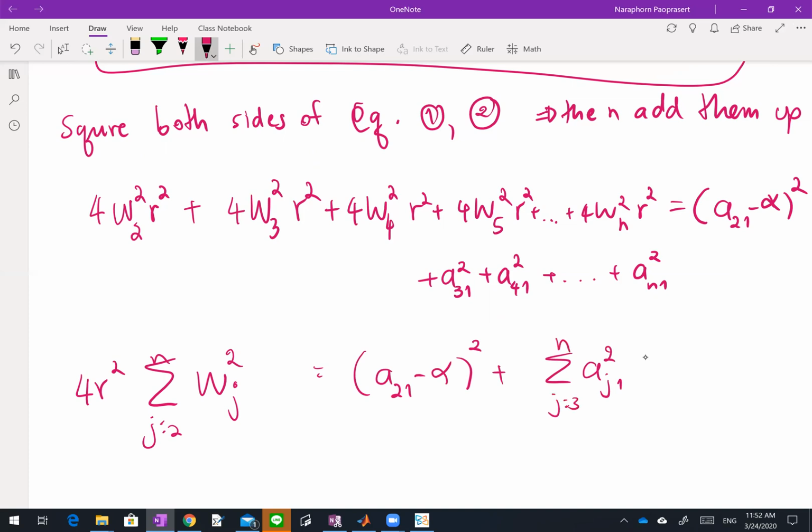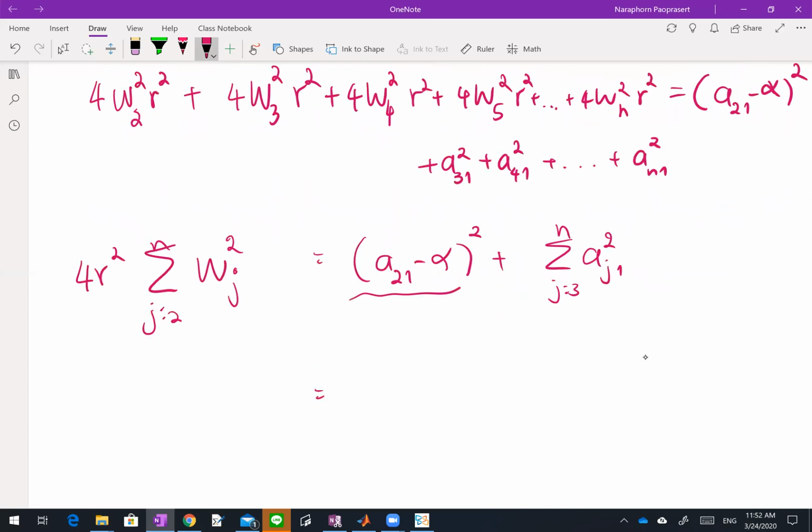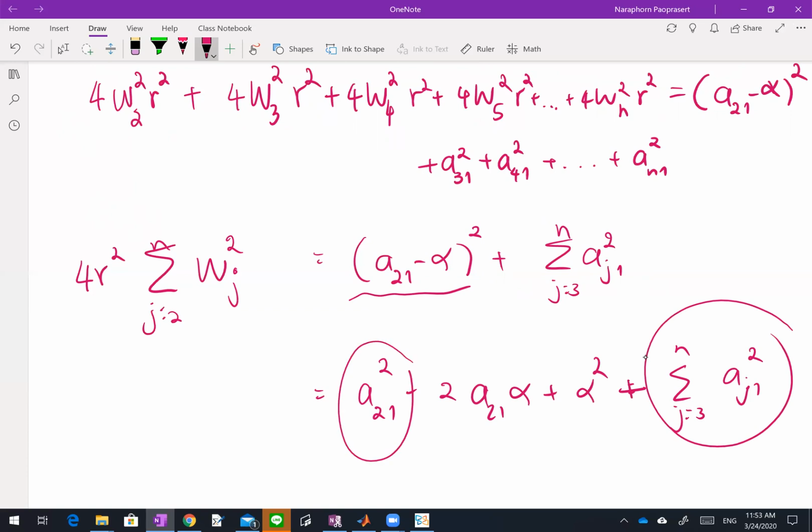You expand the terms in the parentheses here, so this is a21 square minus 2a21 alpha plus alpha square plus the summation j from 3 to n aj1 square. So you can include a21 into the summation.